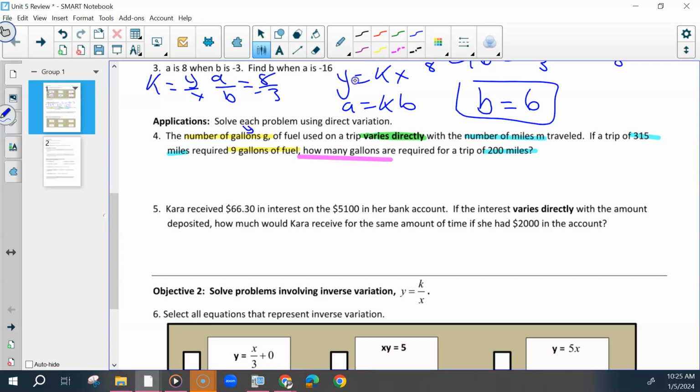So how would we set up this equation? G equals km. It's always going to be in the format y equals kx, but in this case we're using the variables given. So then we can find our k. You can do this one of two ways. If you know that k is y divided by x, you could do that, or you can put these in, 315 and 9.